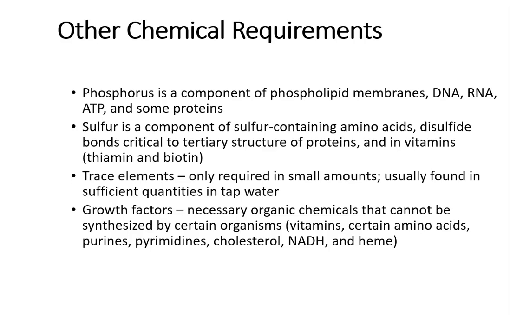And we have trace elements that we usually get from the atmosphere, in the environment, and certain growth factors that can't be synthesized, like amino acids and vitamins and stuff. So there are other chemicals that are needed, and we put all this stuff in.